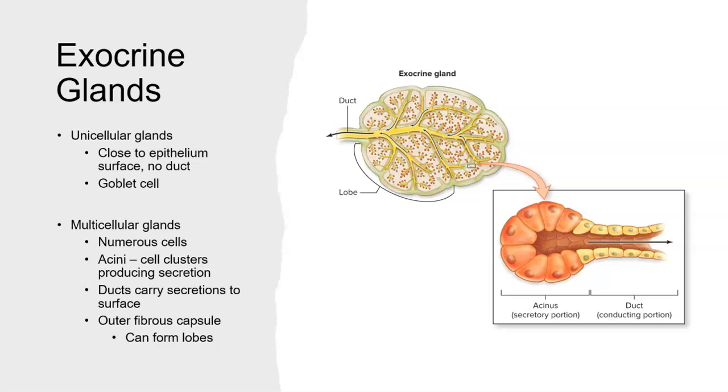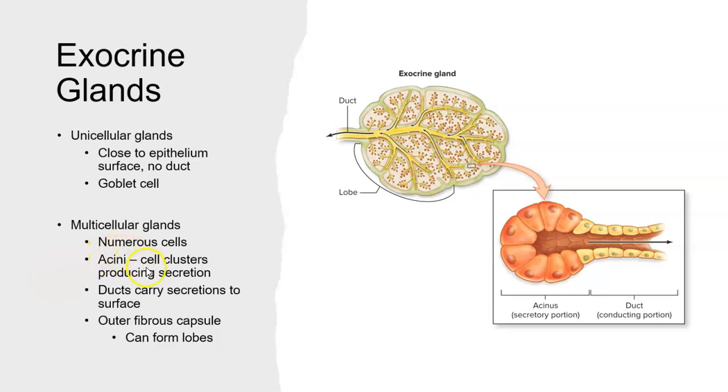And then the clusters of cells produce the secretion, and it moves from the cells into ducts that are small. The small ducts then merge into larger ducts, and one large duct transports that secretion out to the surface of the epithelial tissues.